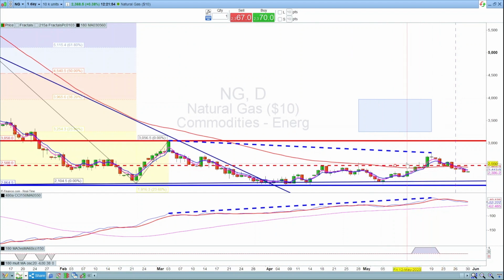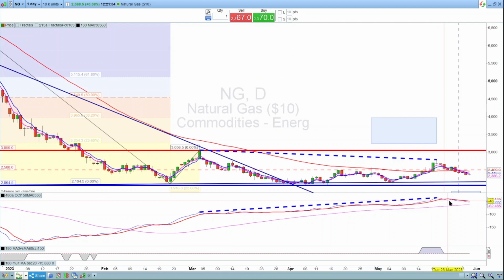Now we've got a potential long positioning happening if this divergence plays out. For this divergence to work, we need to see the CCI continue to go to the upside, but we also need to see the price break above this descending trend line, this dotted line here.